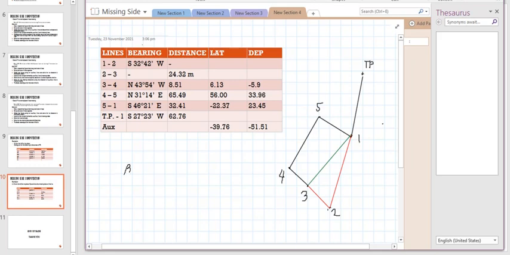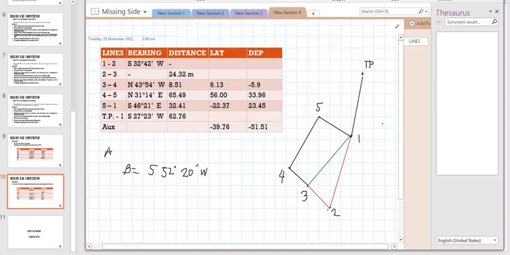So for the bearing, that is 51.51 divided by 10.76, inverse tan, that is 52.20. Negative, negative, so southwest 52 degrees 20 minutes.